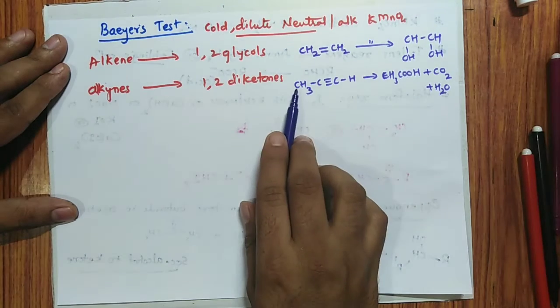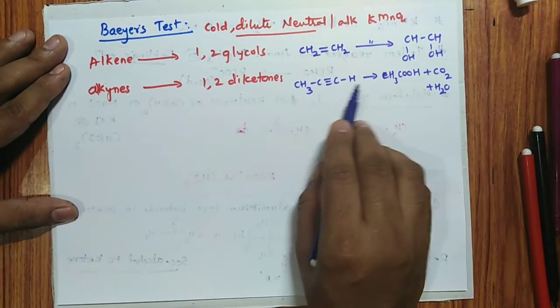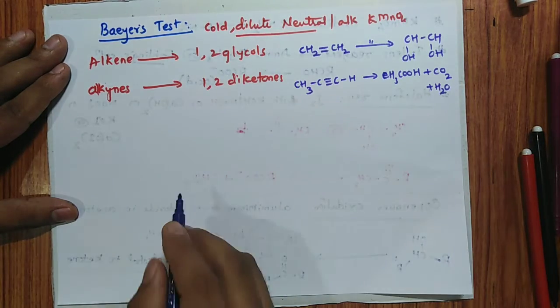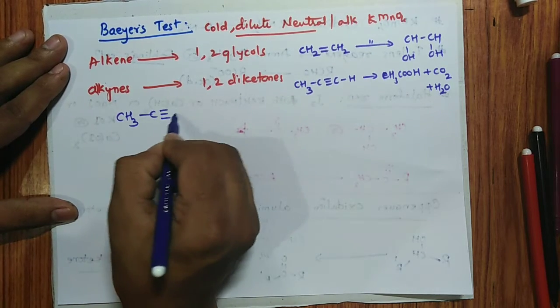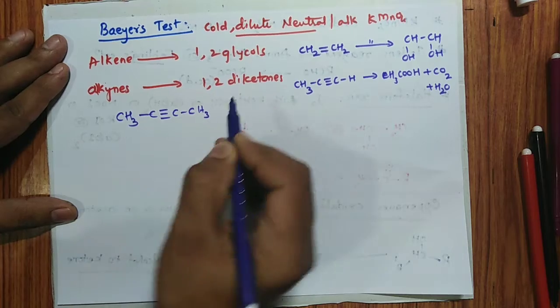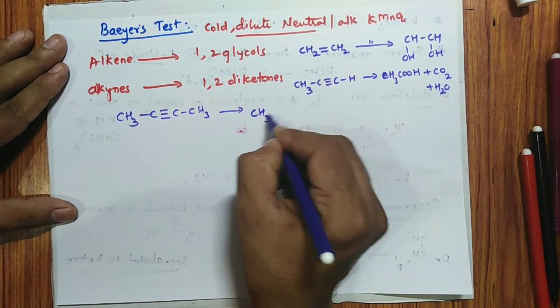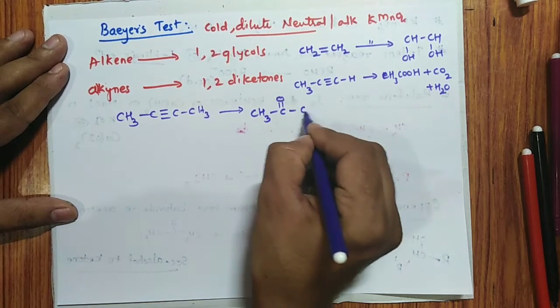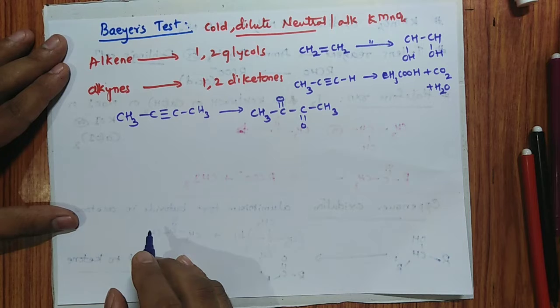Already I told you this is converted into CH3COOH, but this is converted into HCOOH, CO2 and H2O. If it is CH3 C triple bond C CH3, then it will get converted into diketone like this, CH3 C double bond O C double bond O CH3.